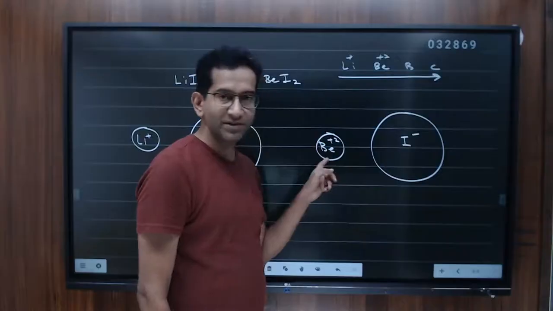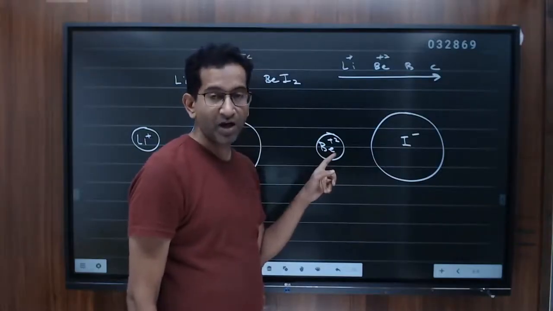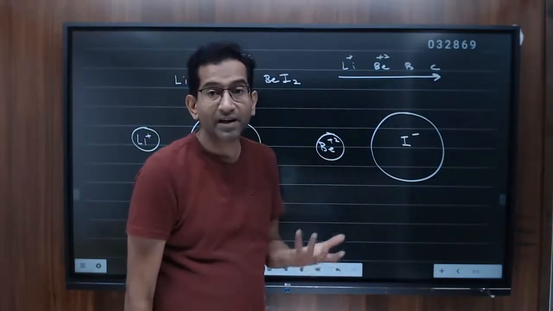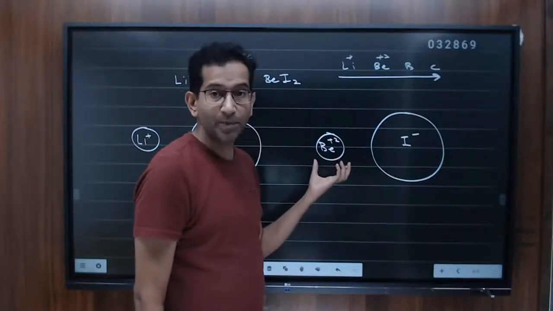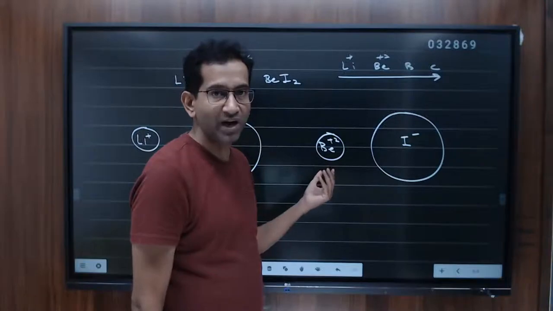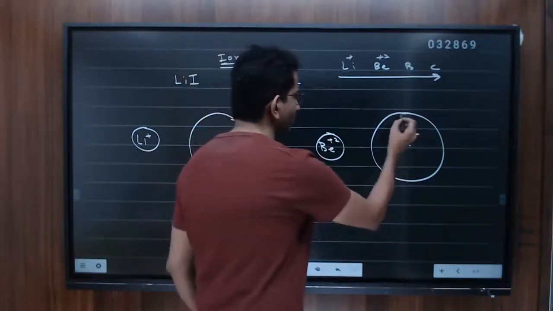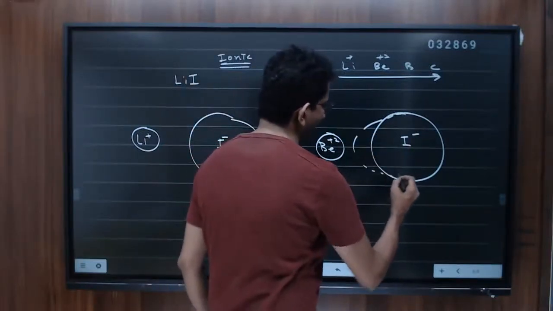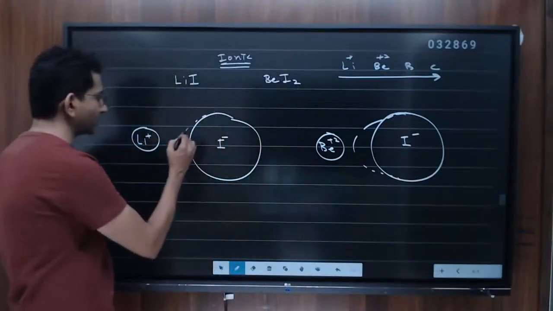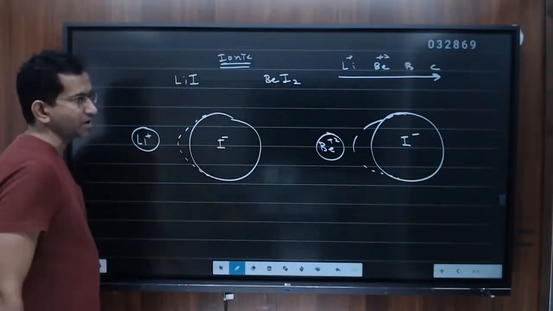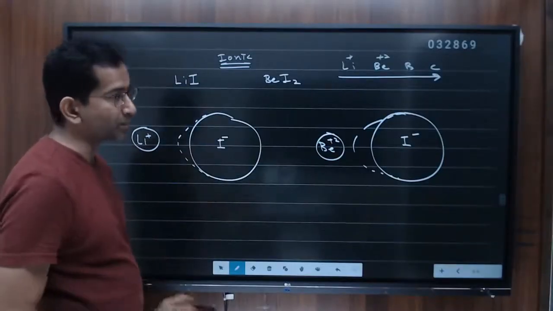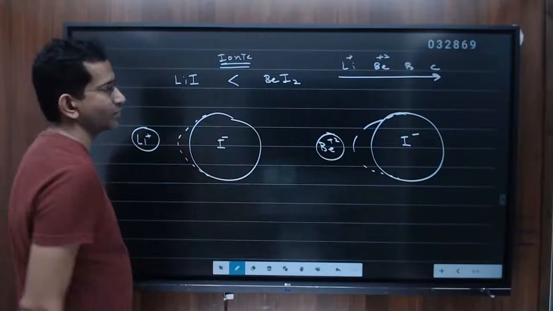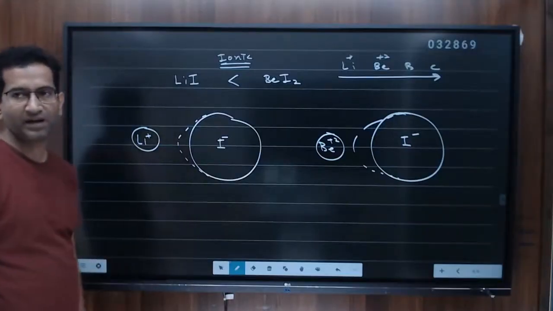First thing, not only small size, it will have large positive charge also. So higher the positive charge, of course positive charge is a tendency to pull the electron cloud. So this Be plus 2 has larger positive charge, it has more tendency to pull the electron cloud of the negative ion towards it as compared to smaller positive charge. So in this case, LiI and BeI2, if you want to compare, the polarization will be more in case of BeI2.